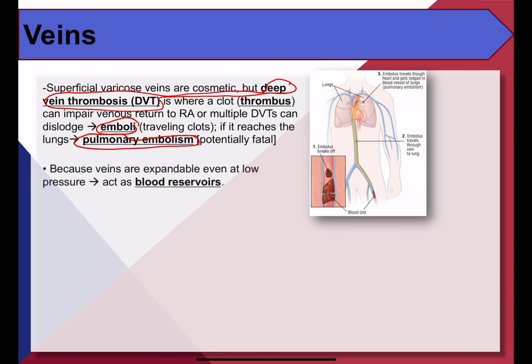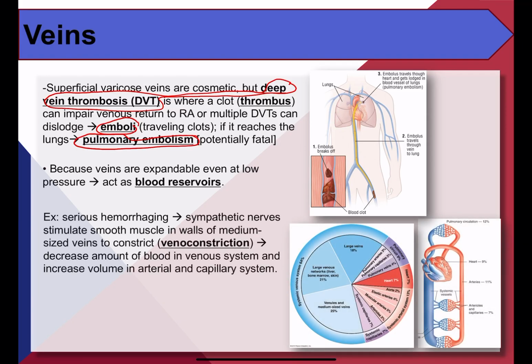Now, another interesting thing we want to discuss about veins is that because of their large luminal diameter, they serve as a blood reservoir for our body. So what does that mean? Well, if you look at the circulation diagram right here in this image, this is drawn according to the luminal diameter of arteries versus capillaries versus veins. The red on this side is the arteries, then you have the capillaries here, and then you have the veins.